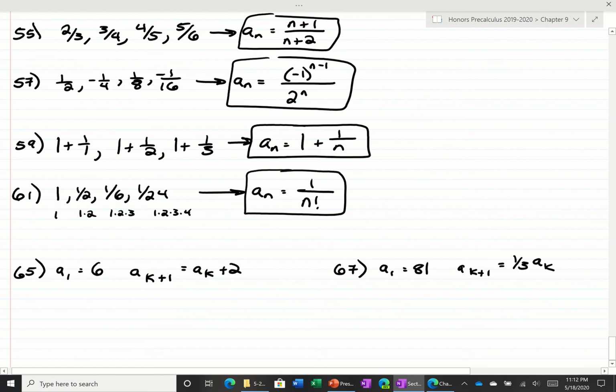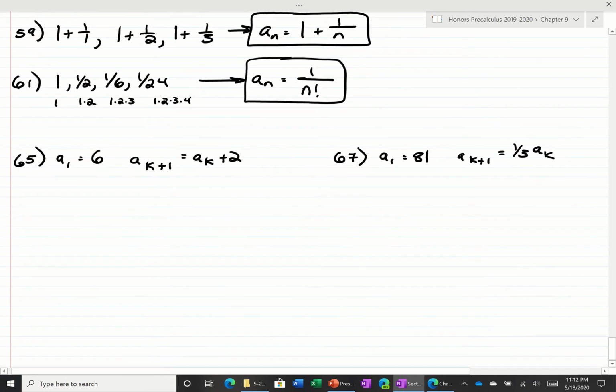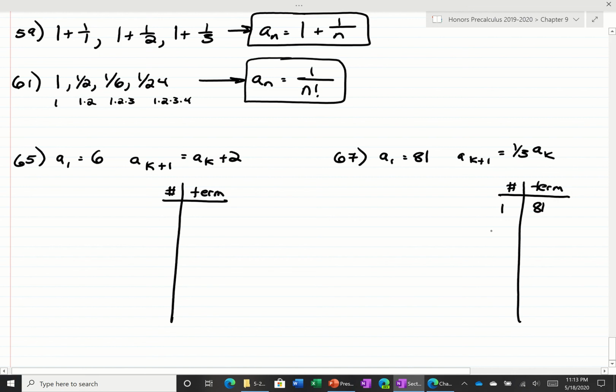Alright, so we have to write the first 5 terms. First term here is 81.